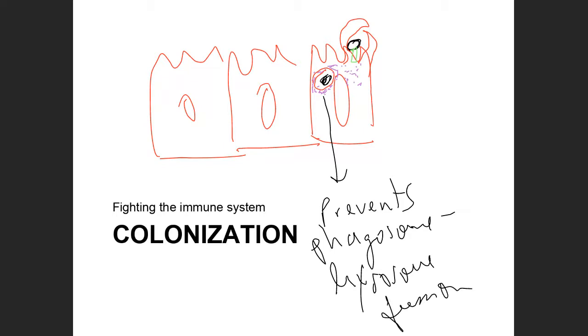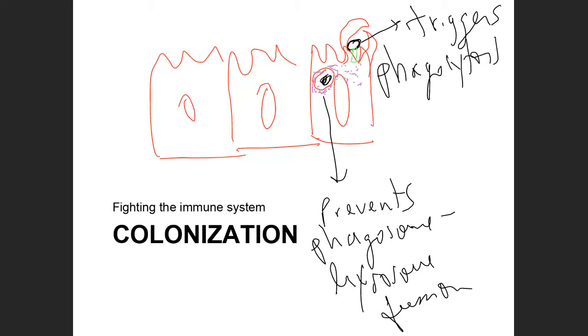Okay, and in here, type 3 secretion systems is going to trigger phagocytosis. Now the bacterial cell can live very happily inside the phagosome, and it can multiply.